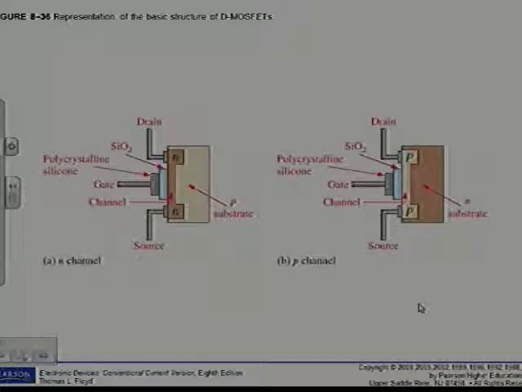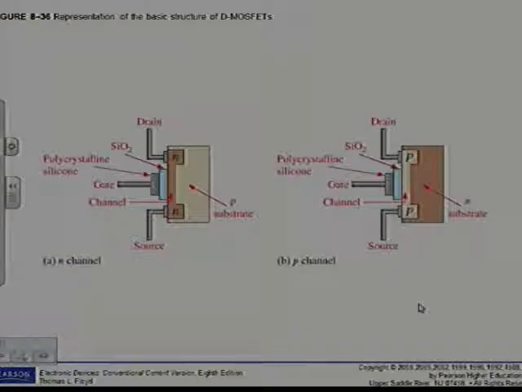In this case, we're not going to induce a channel. Also, they show us the N-channel and the P-channel, with the three terminals: the drain, the gate and the source.